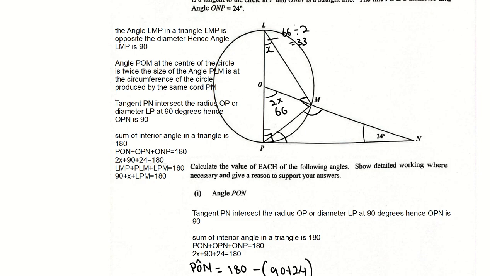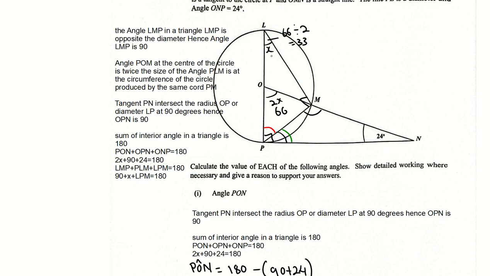So can we calculate this angle here? We can. Let's do this in a different color so we can see it. To calculate this angle here, it would be 90 minus this red angle. And then this one would be 24 plus the green angle, subtracted from 180 would give you this angle. So let's first find out this red angle here.